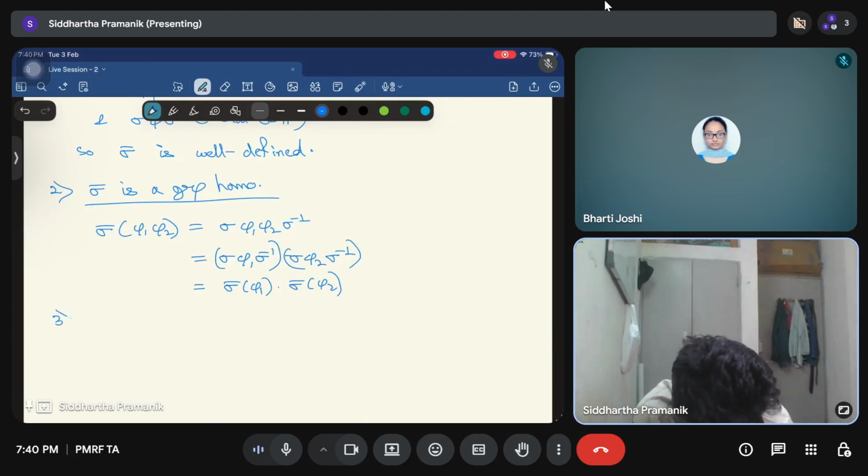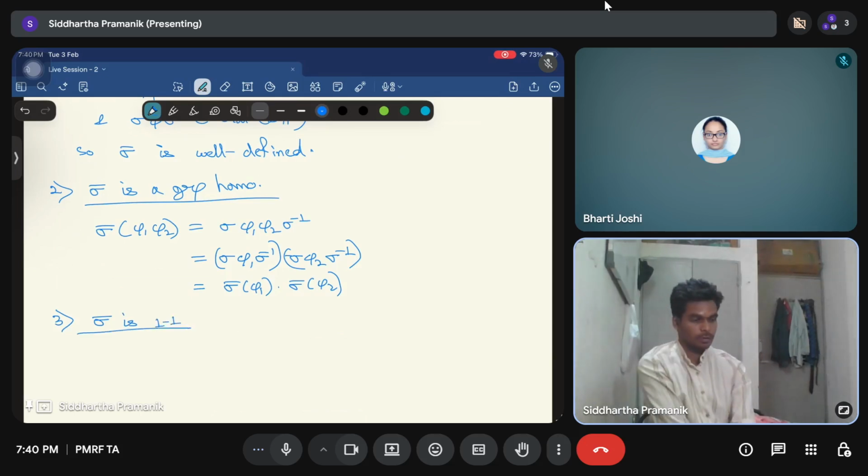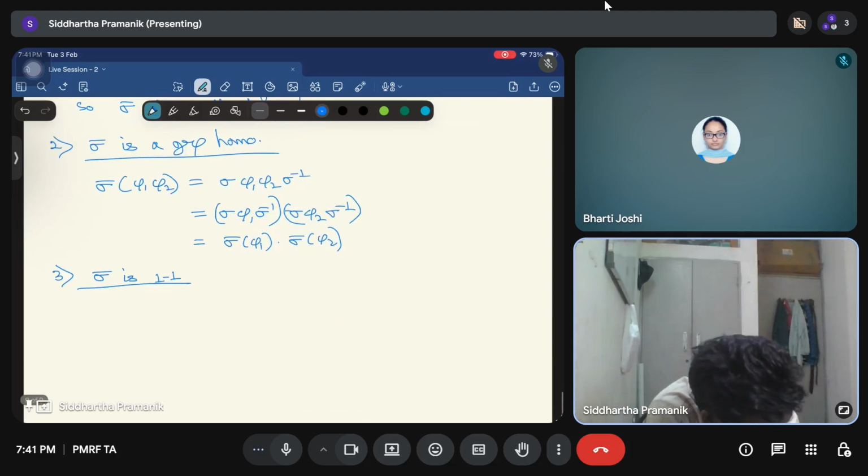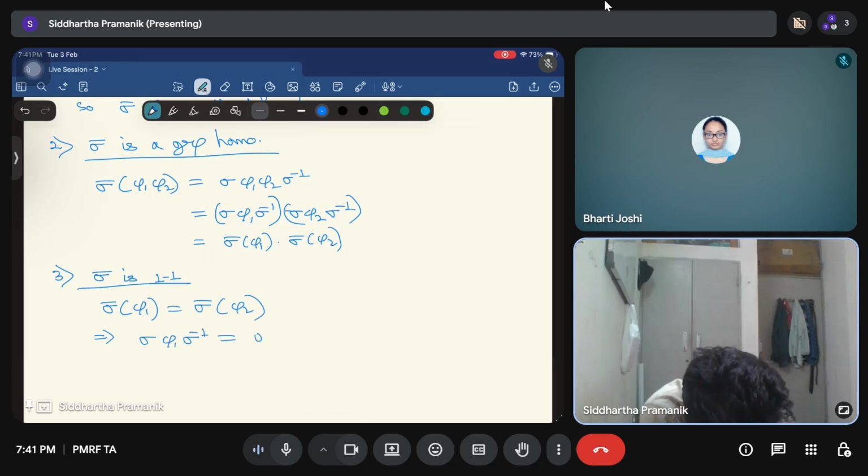Now the injectiveness. Why is it injective? Sigma bar of phi 1 equals sigma bar of phi 2. So it will imply sigma phi 1 sigma inverse equals sigma phi 2 sigma inverse.